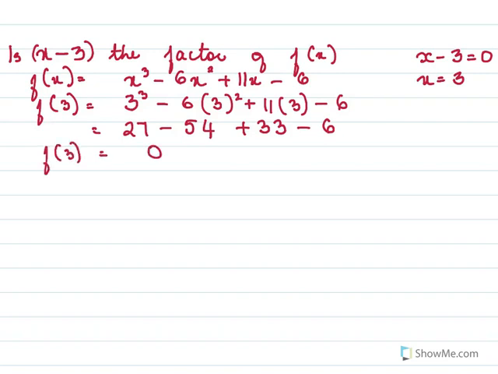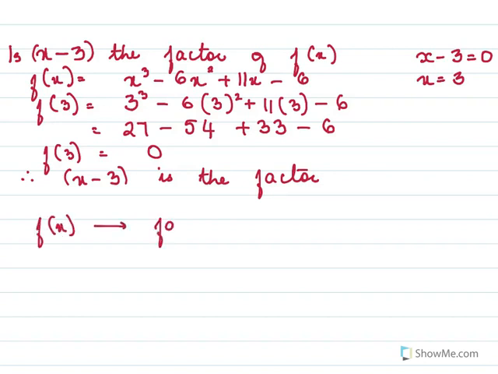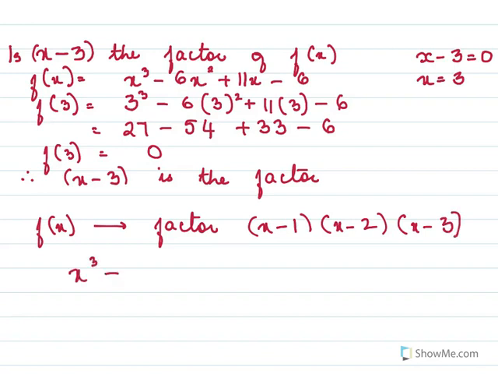So if f of 3 is 0, therefore we can say x minus 3 is a factor. So f of x has the factors x minus 1, x minus 2, and x minus 3. I'm not going to check for more because f of x was x cube minus 6x square plus 11x minus 6.